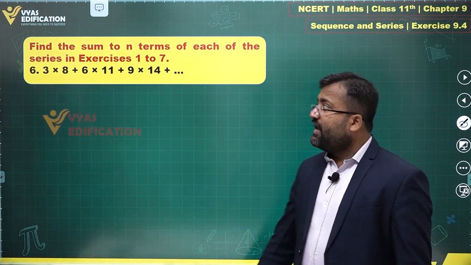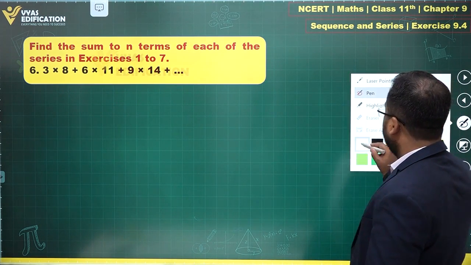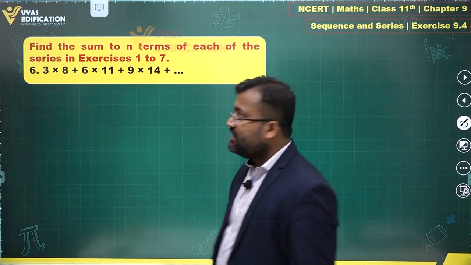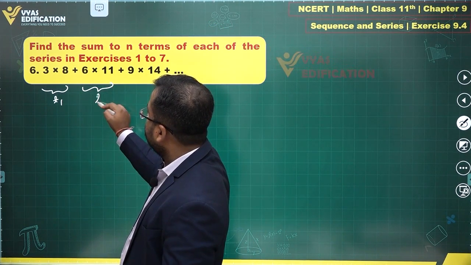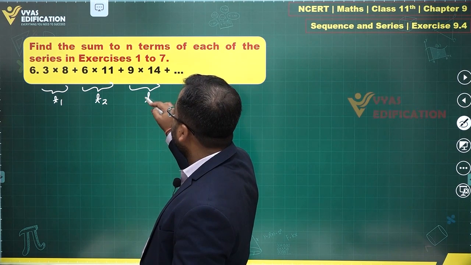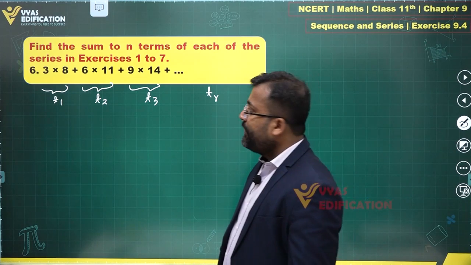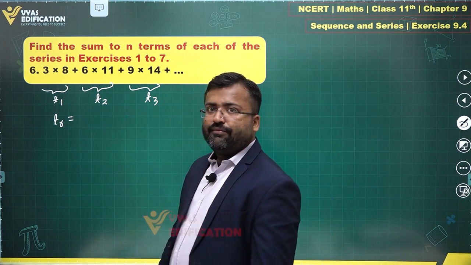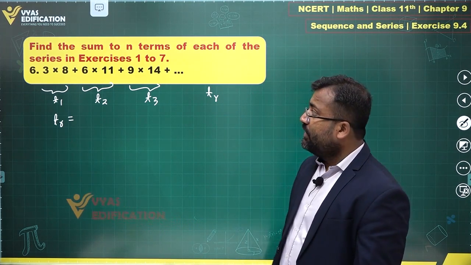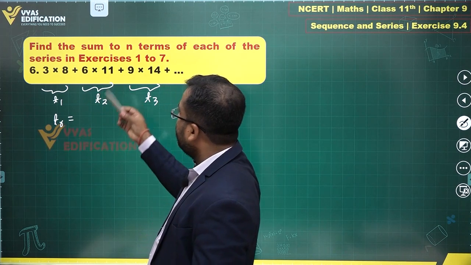In question number 6, we have 3 into 8 plus 6 into 11 plus 9 into 14, and the sum up to n terms is asked. This is one term T1, this is next term T2, next term T3, and similarly I'll need TR somewhere here. Now what does TR look like? TR is actually a product of two numbers, of which the first numbers are 3, 6, 9.